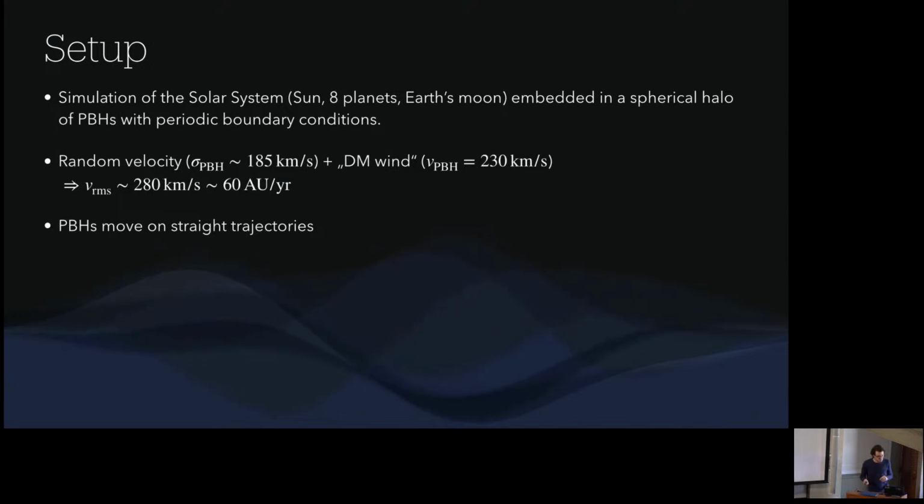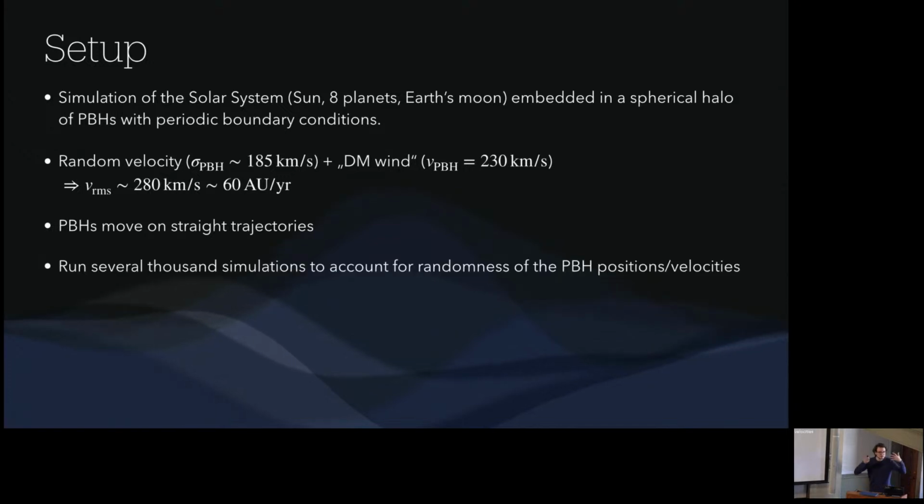For our simulations, to keep things simple, they actually also move on straight trajectories and have periodic boundary conditions, which is fairly okay because they have these very high velocities and are thus not really impacted at all by the potential of the solar system. And then you run essentially with random initial conditions for positions and velocities, this very often.